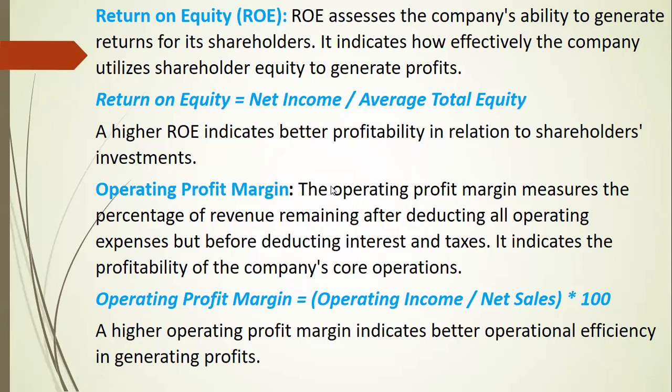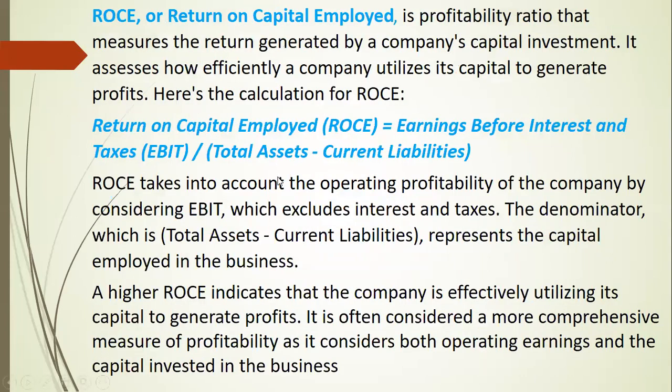Then we have operating profit margin. So this one will be just operating income divided by net sales, you multiply by 100. And a higher one is recommended, isn't it? Then lastly, on that, we will have the return on capital employed, isn't it?